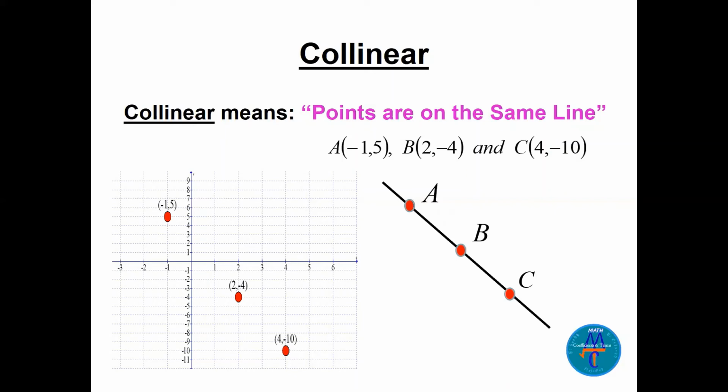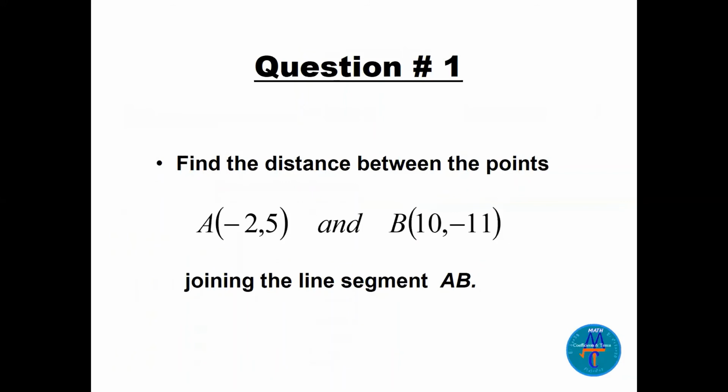Like these points: A (-1, 5), B (2, -4), and C (4, -10). There are other ways to show that they are on the same line, not by graphing, but I put only this example to see it. You have to know the word collinear. Collinear means the points lie on the same line. Let's see question number 1.